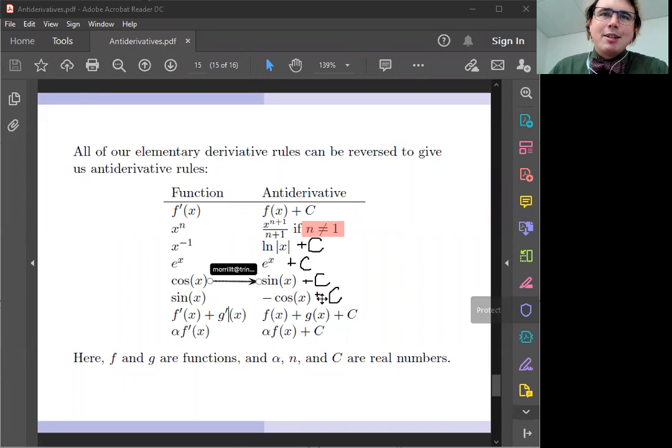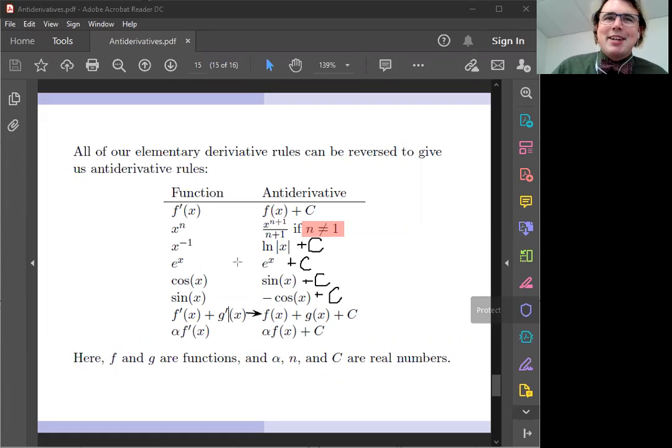Let's see if we can get this right for the next row here. The derivative of the negative cosine function is the sine function. So the antiderivative of the sine function is minus the cosine function. I know that I can do derivatives of two different functions added together by adding their derivatives together.